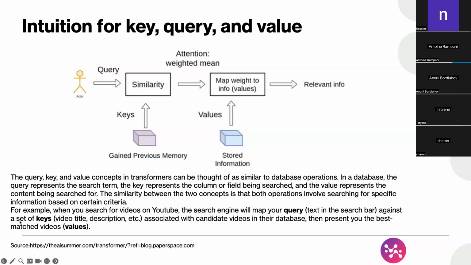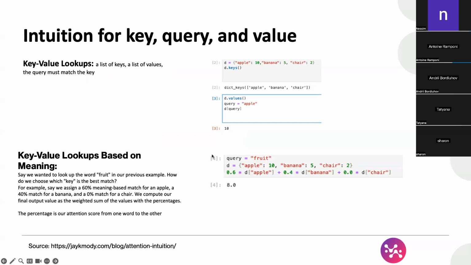But we can take it maybe a step further and give you an example here. So in a typical retrieval system, you would have, and these are just examples in Python, let's assume you have key and values. So the key is apple, and for apple, you get a value of 10.